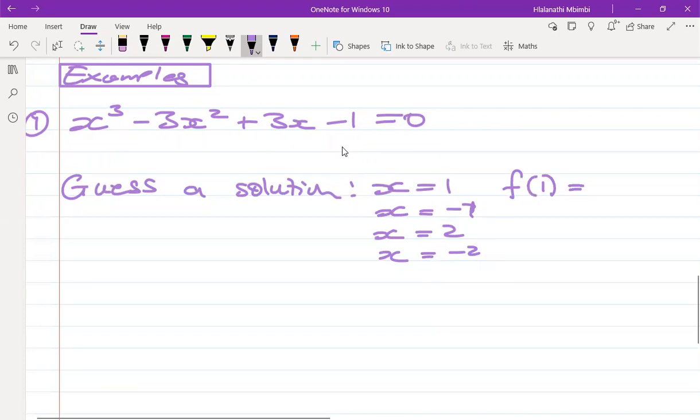Can someone tell me what they get for F(1)? And someone do F(-1), and F(2). F(1) is 0. Okay, F(1) is 0. Shana, can you do F(-1)? Ayabukwa, can you do F(2)? I'll wait for those.